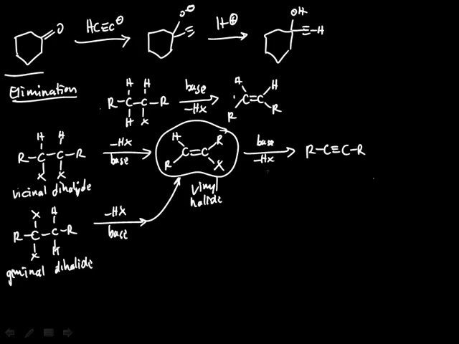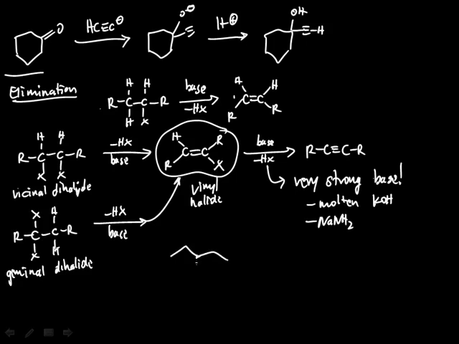So this base has to be very strong to achieve this otherwise unfavorable transformation. And so the things that are typically used are molten KOH, so very aggressive reagent, or sodium amide. And so once we do that, such as in this example, we'll be able to eliminate this dibromide with KOH at 200 degrees centigrade to give us an alkyne in about 45% here.